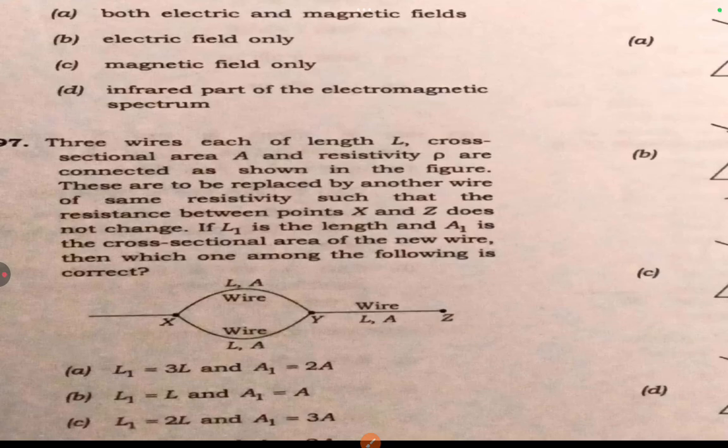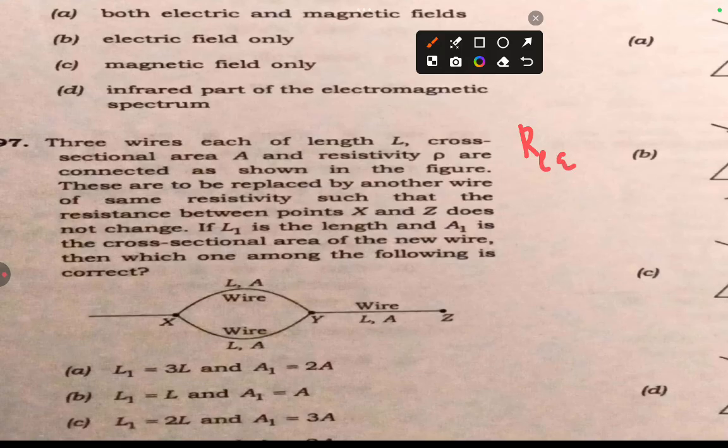So here, let us consider first of all what we have for question number 97. As per the data, there are 3 wires, each of length L, cross-sectional area A and resistivity rho, connected as shown in the figure.